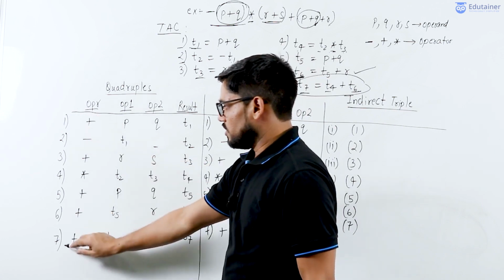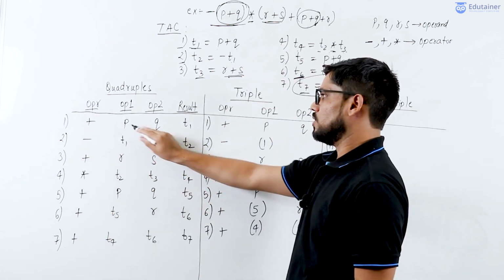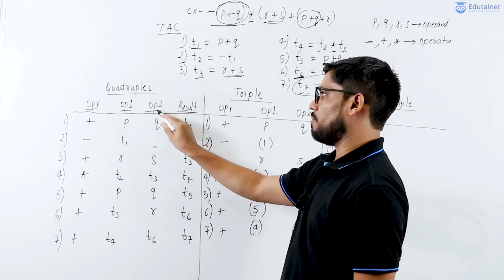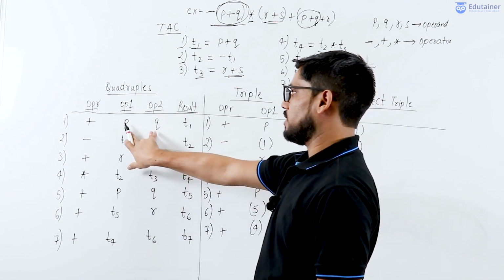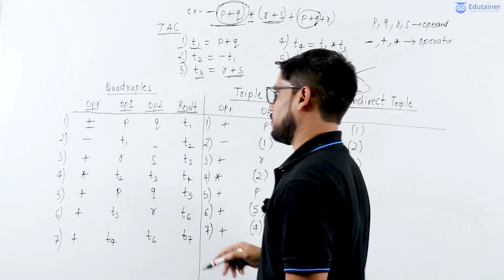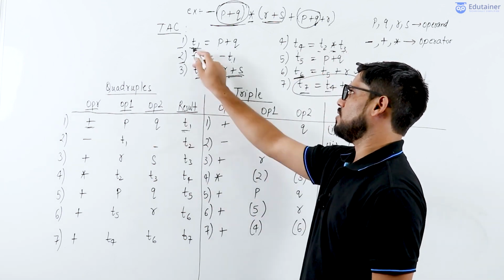There are total 7 instructions. The first instruction is nothing but adding p and q. So p is placed in operand 1, q is placed in operand 2, and the operator used here is the addition operator. The result will be stored in temporary variable t1.